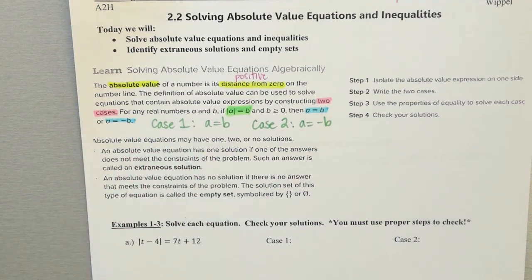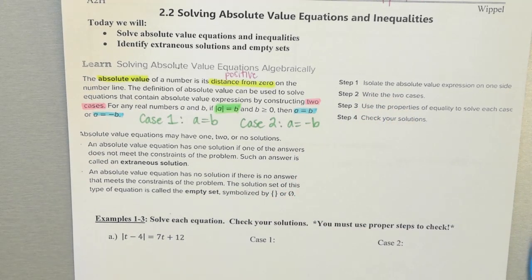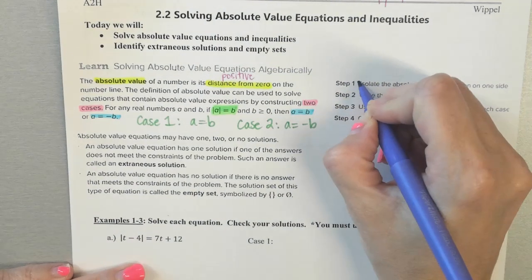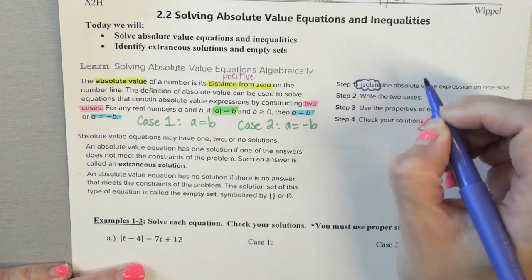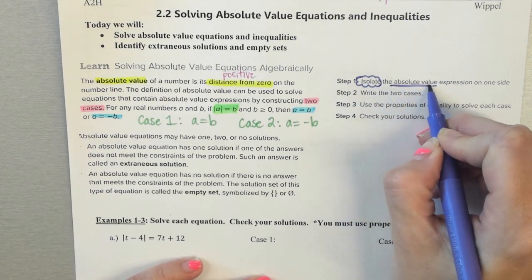Okay, your book really does give some nice instructions here, step 1, step 2, 3, and 4. And so I put them there for you to follow in case you're not sure where to go. The first thing you always want to do is isolate the absolute value expression, so we're going to get that by itself.